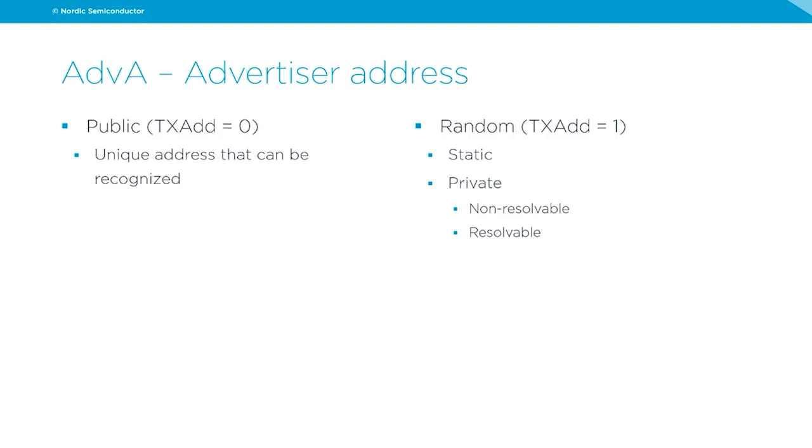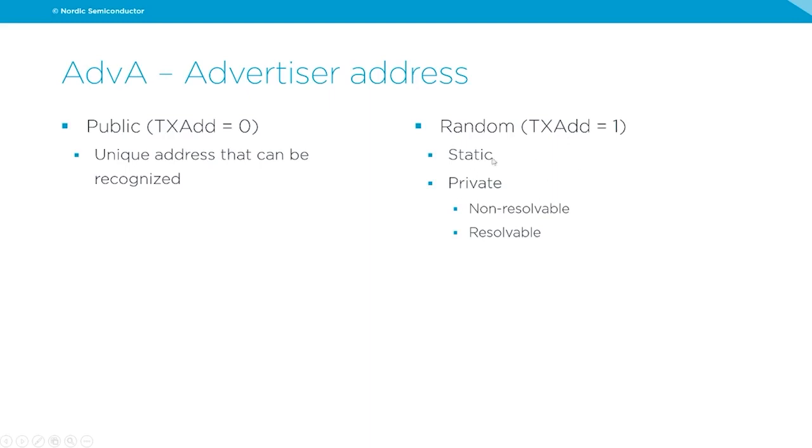For the address, I mentioned this bit tells whether it's a public address or a random address. A public address is a unique address that can be recognized. Most devices now don't use a public address anymore because there's no privacy: this address sticks to your device, and people can use it to track you.